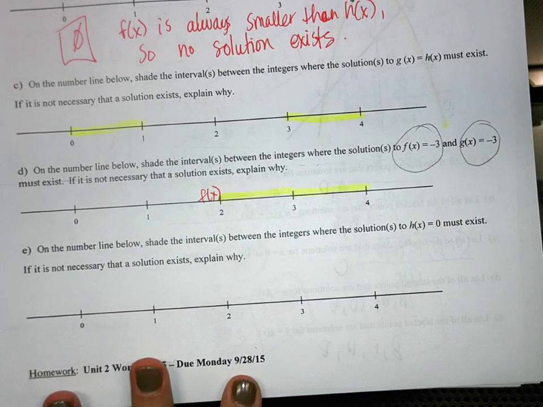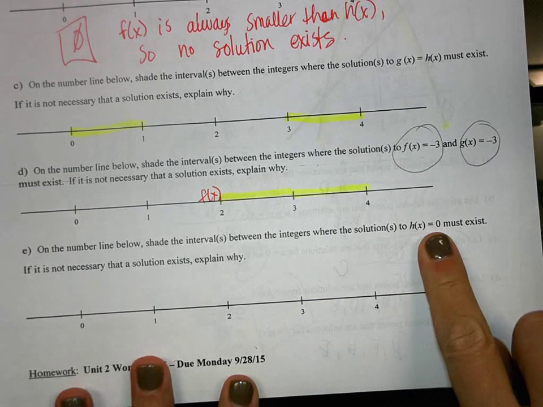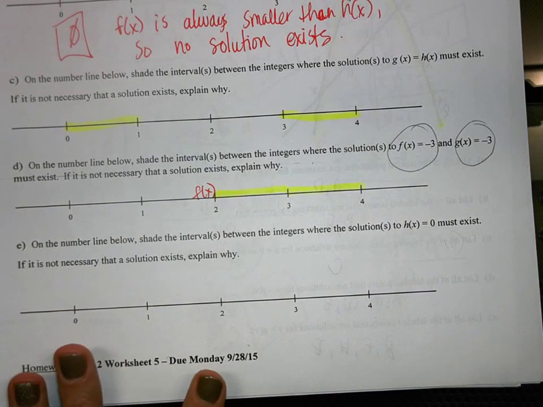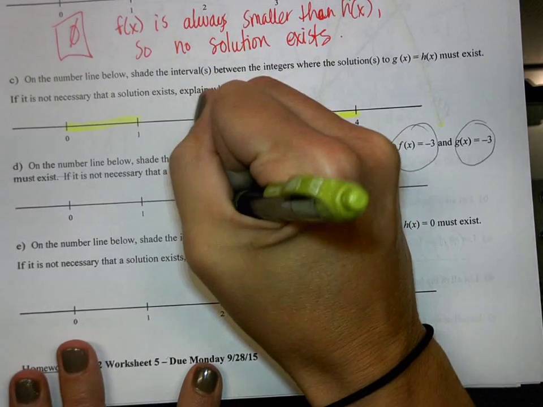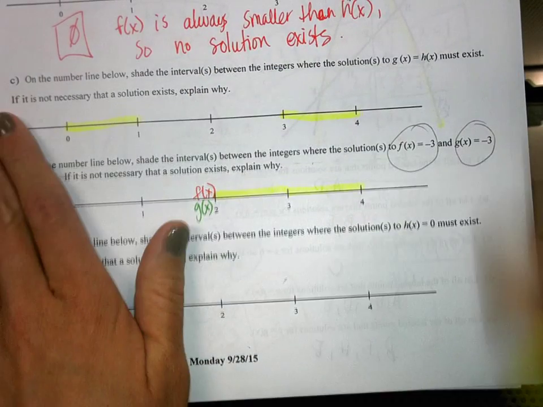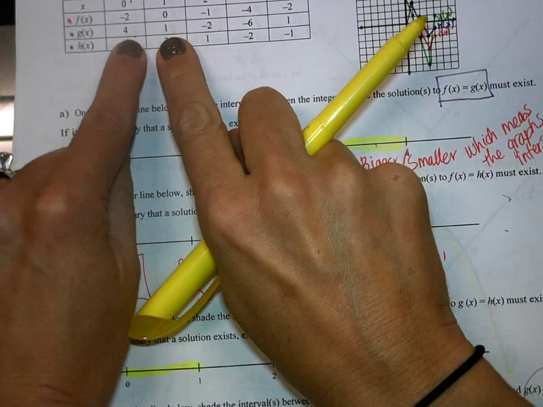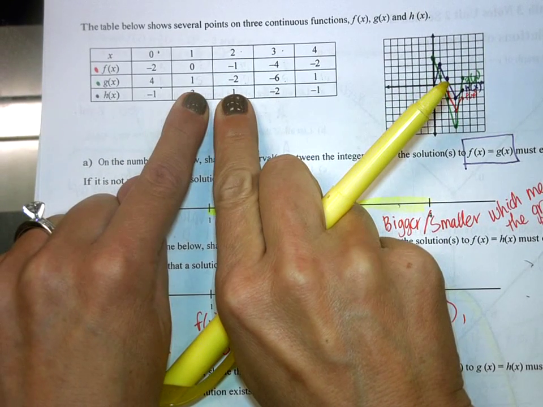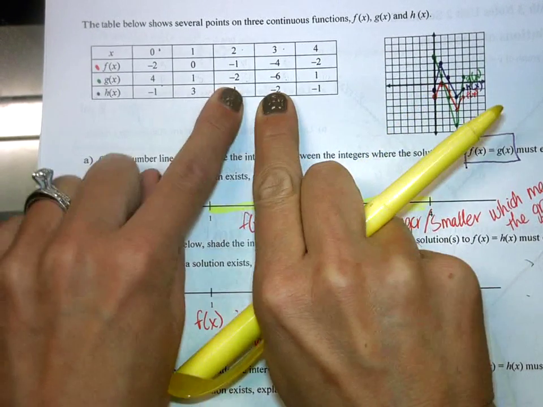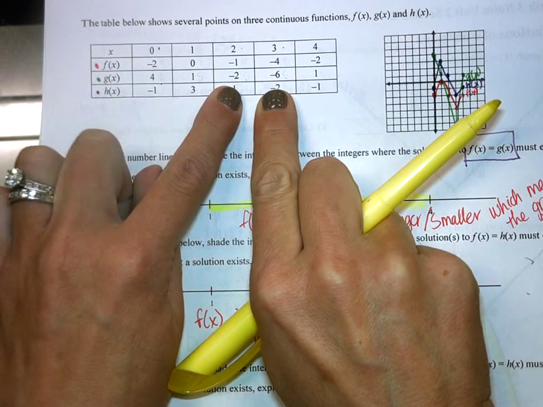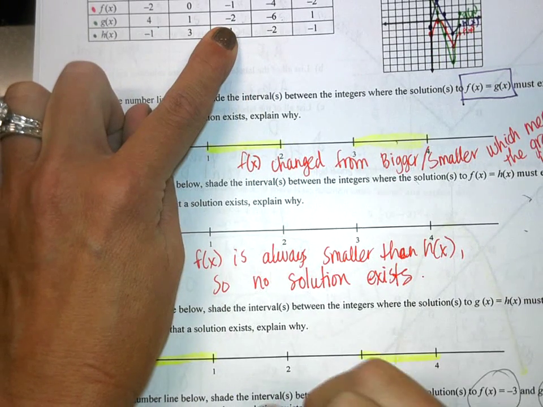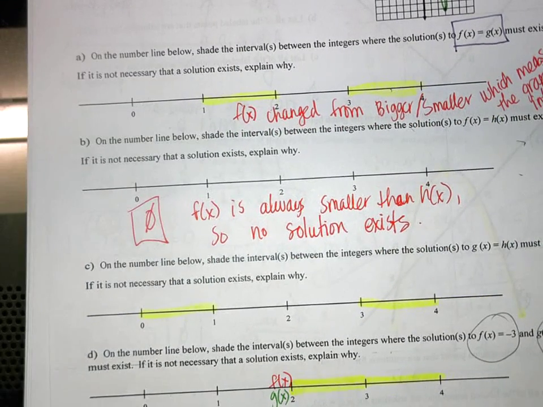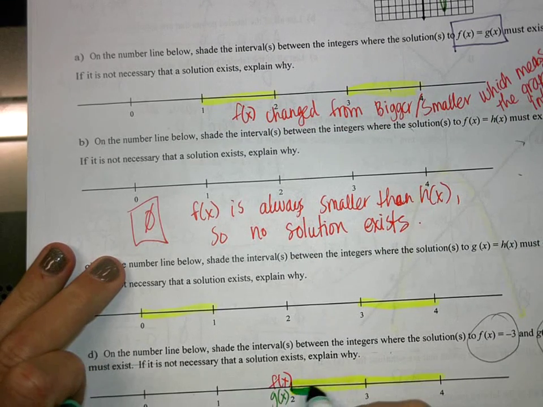And then I'm going to highlight here below to see what happens with my g of x graph now. Okay? So now I have g of x. If we look at g of x, is negative 3 between 4 and 1? No. Is negative 3 between 1 and negative 2? Is it in between negative 2 and negative 6? Yes, so I'm going to highlight there. You might want to use a different color so you can see the difference.